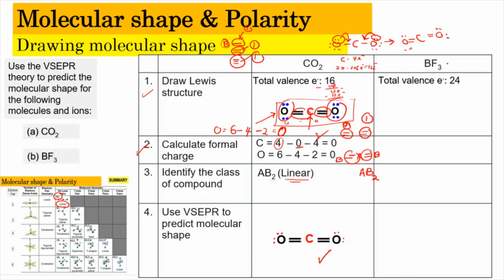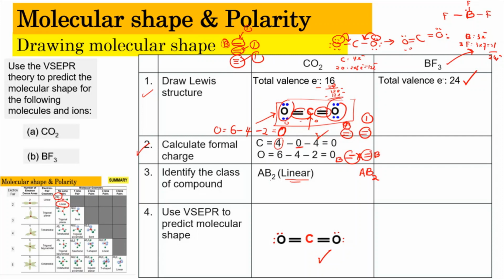So BF3, you need to count the total number of valence electrons. Boron is 3 electrons. Fluorine, with 3 fluorine atoms, is 3 times 7, which is 21. So 3 plus 21 is 24 electrons. Boron is more electropositive in comparison to fluorine, so boron is going to be the center, bonded with 3 fluorine atoms.